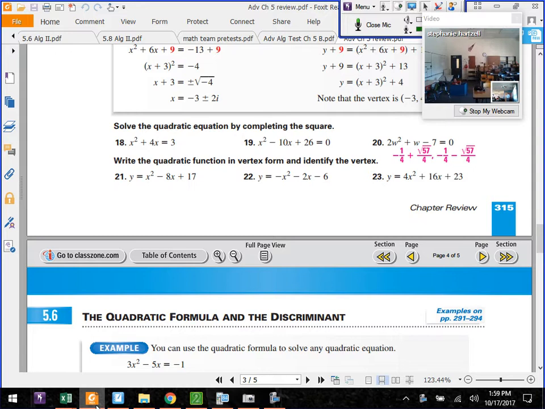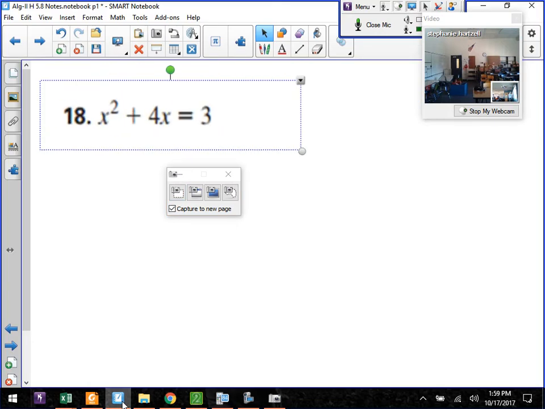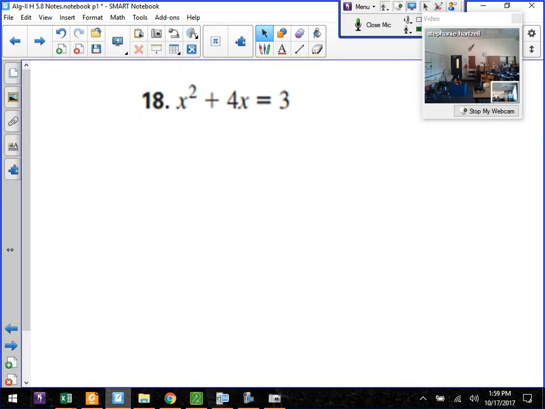So there was no problemos. Good old completing the square. What's that? You give like review problems?